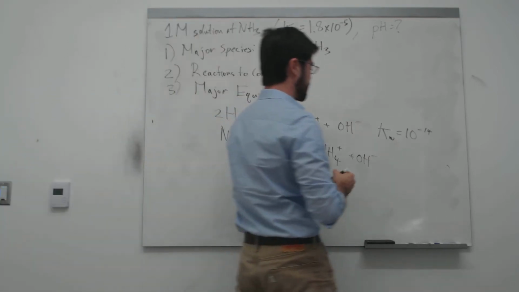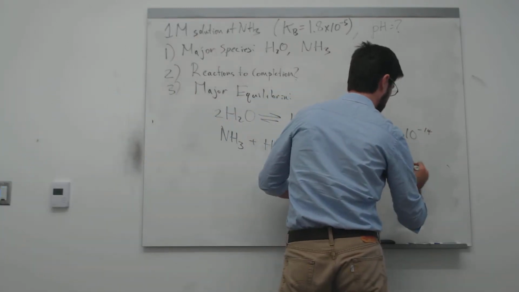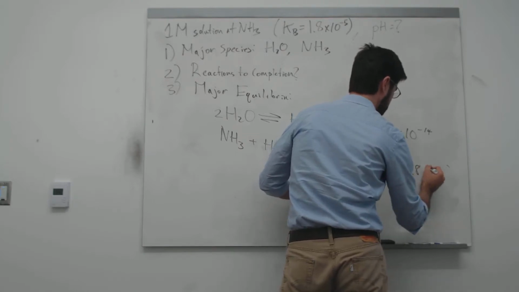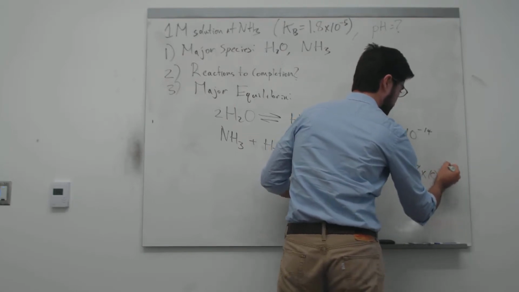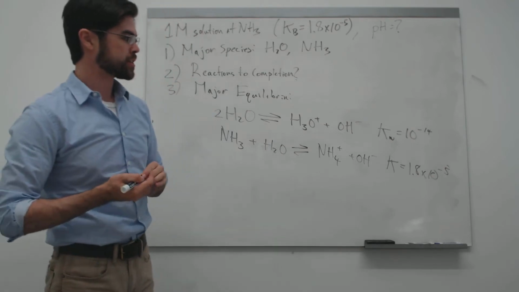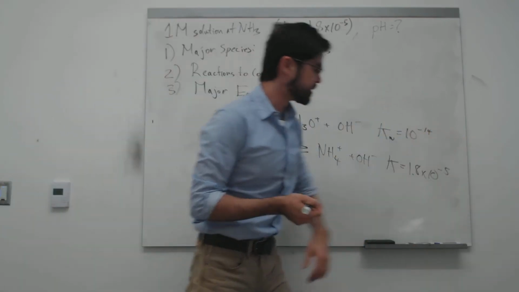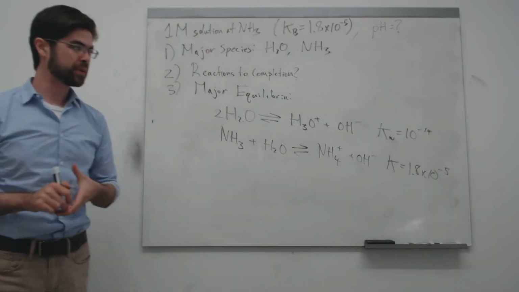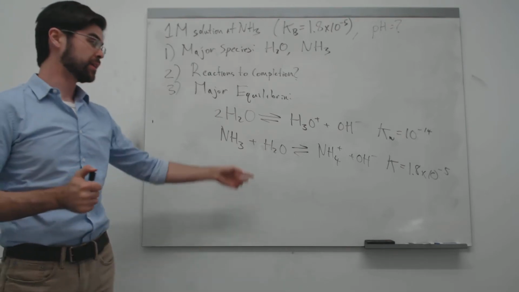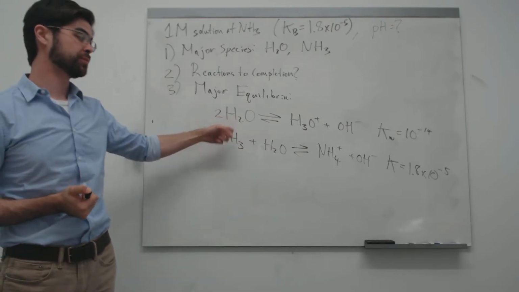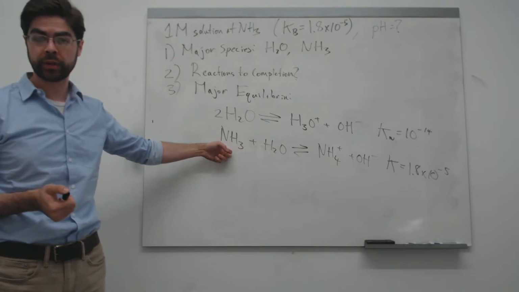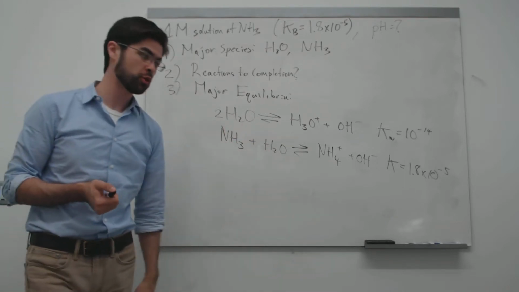And again, the equilibrium constant for this, K, is 1.8 times 10 to the negative 5. So it's about 10 to the negative 5. So it's about 1 billion times larger than the K for the first reaction, meaning that this will be the dominant equilibrium. It's the one that goes most forward.